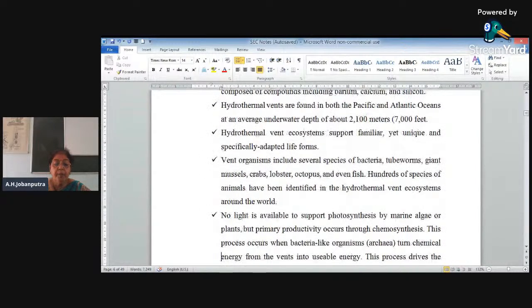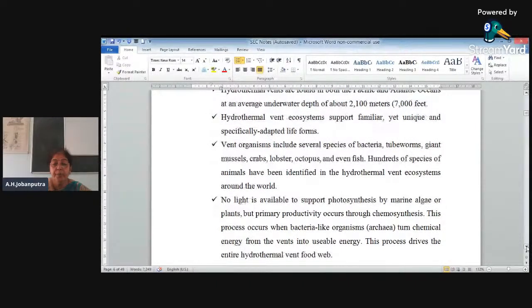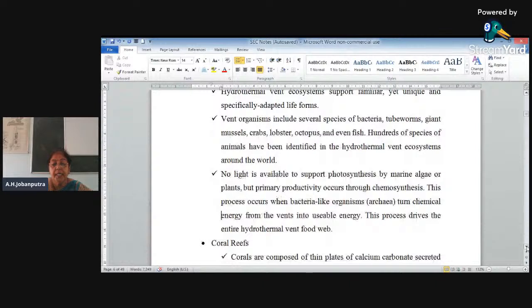Now these hydrothermal vents are almost 7,000 feet down, so it is obvious that there will be no light there. Photosynthesis will not be there, or photosynthetic activity by algae will not be visible. So the production of food material or nutrition will be by chemosynthesis.